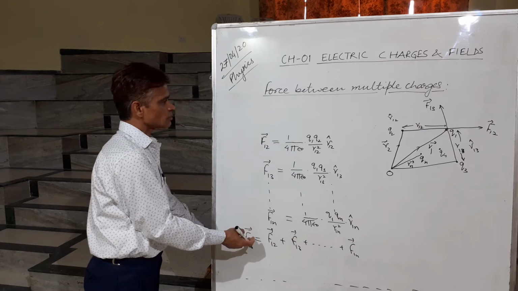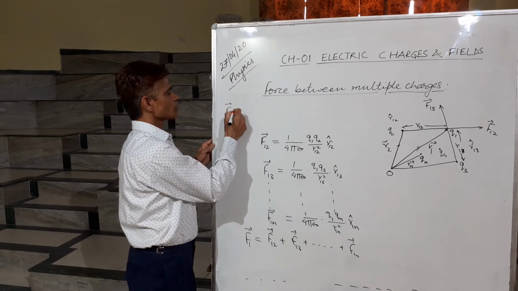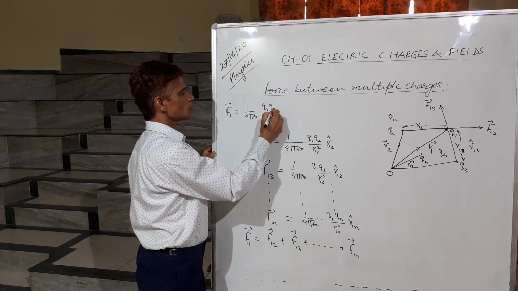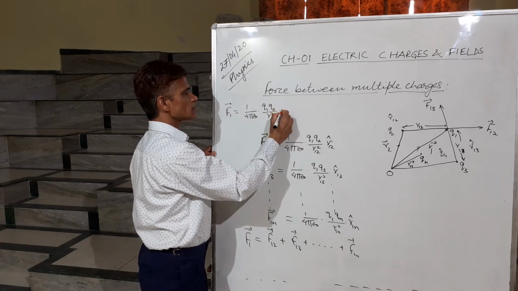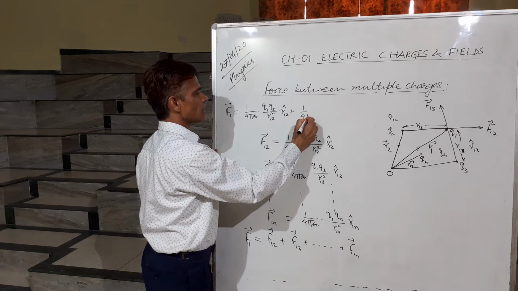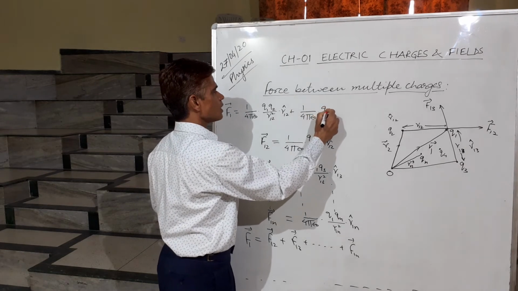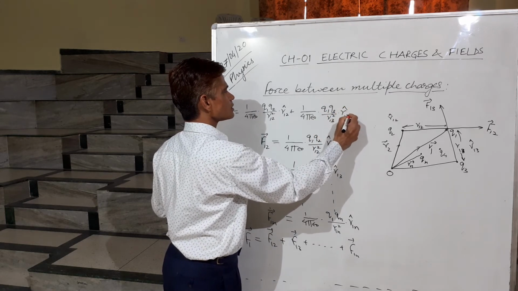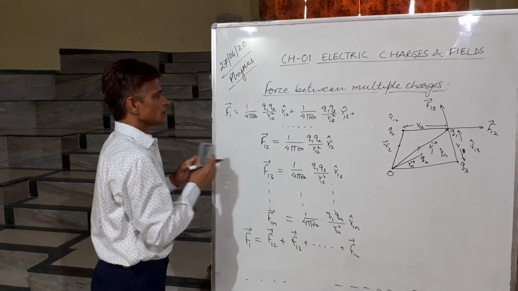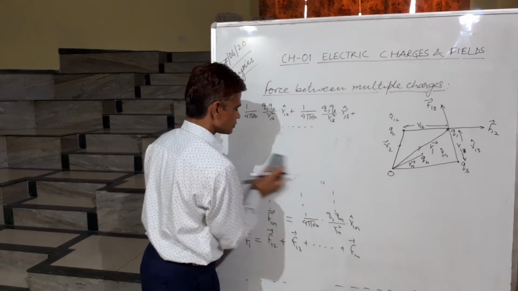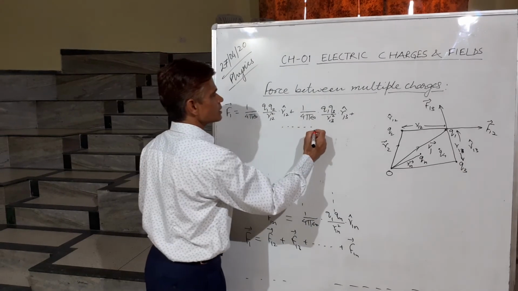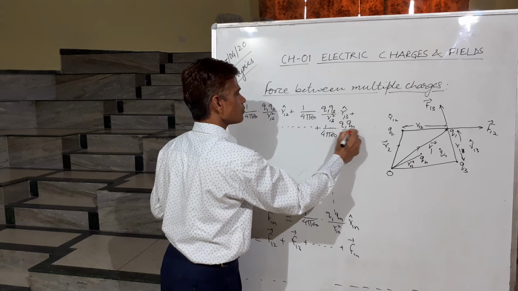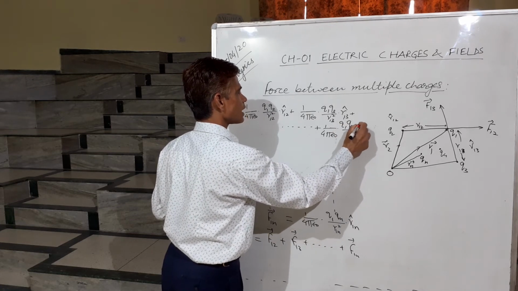Now if we substitute the values, we write 1 by 4 pi epsilon naught q1 q2 by r12 square into r12 cap, plus 1 by 4 pi epsilon naught q1 q3 by r13 square into r13 cap, plus and so on, the vector F1n, that is 1 by 4 pi epsilon naught q1 qn upon r1n square r1n cap.